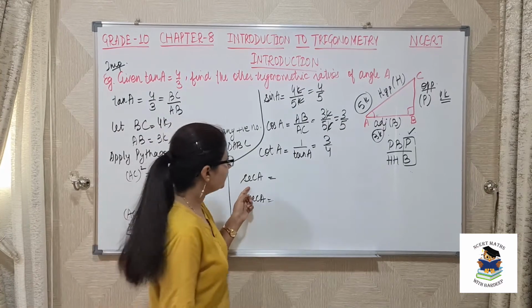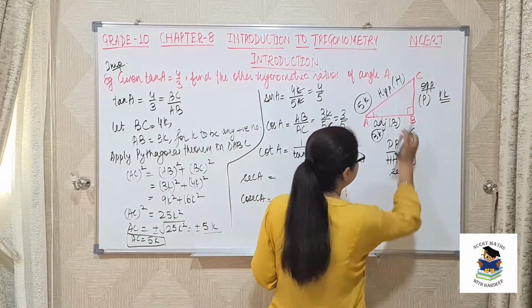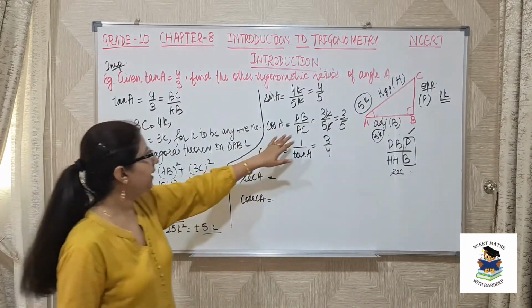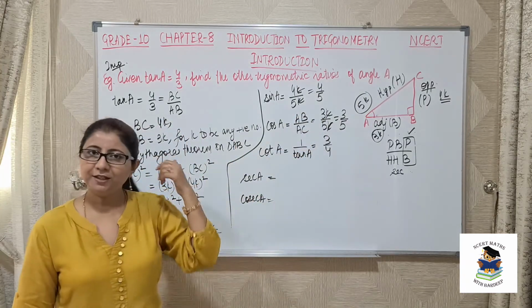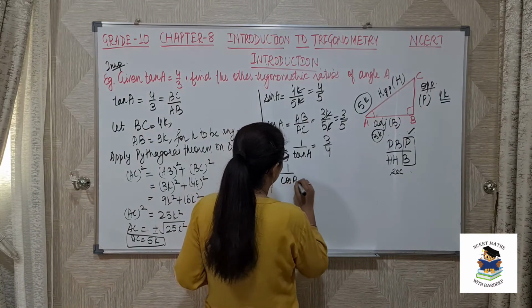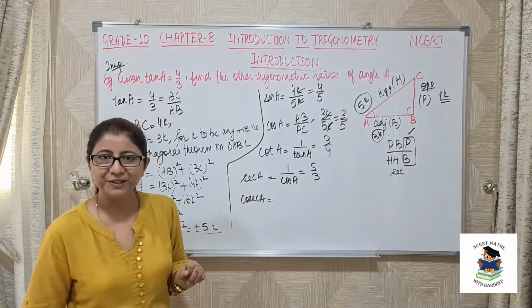Correct? Next is secant A. This is the reciprocal of cos. Okay. Cos we have calculated as 3 by 5. So what is the reciprocal? It will be 5 by 3. So you can write here, this is 1 over cos A and this will be 5 by 3. Okay.